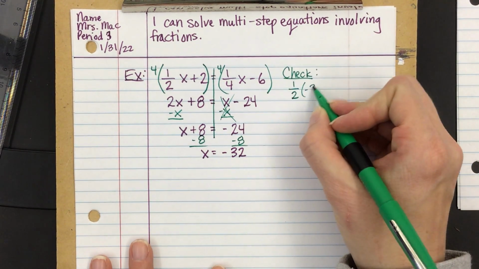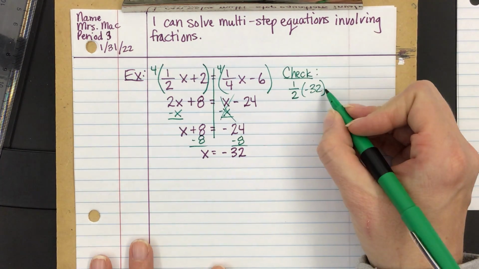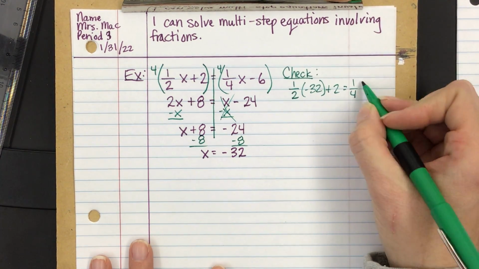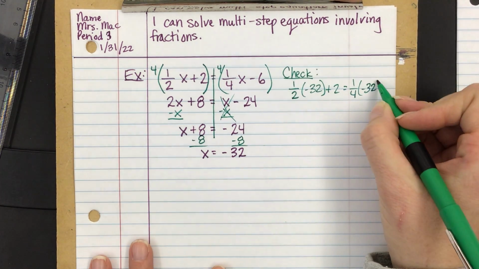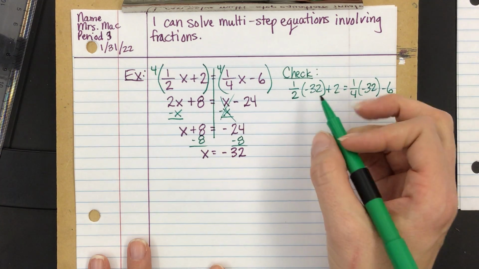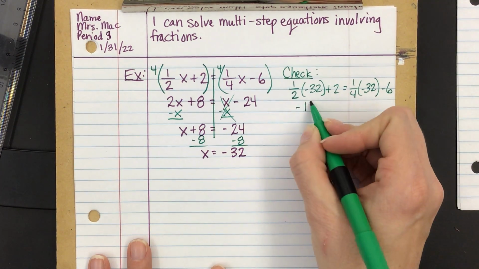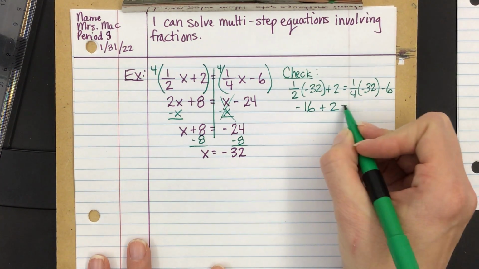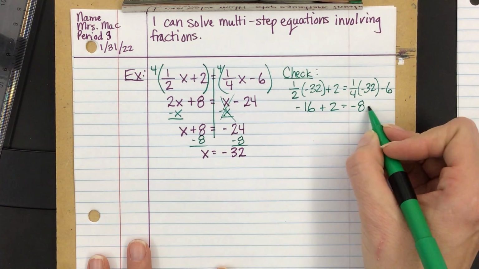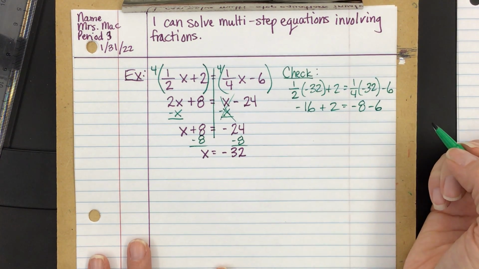So I'm going to plug in -32 here for each of these. Okay. Well, half of -32 is -16. A fourth of -32 is -8. Yeah, Jordan.